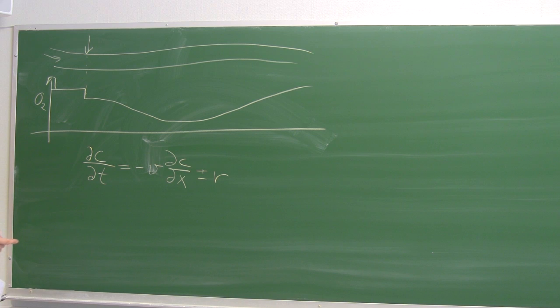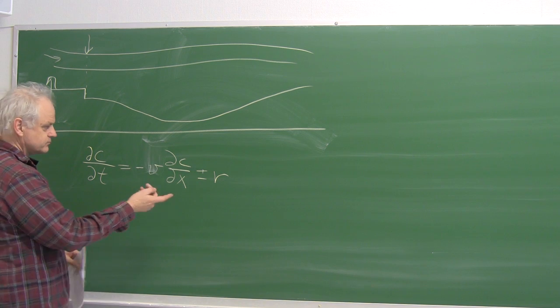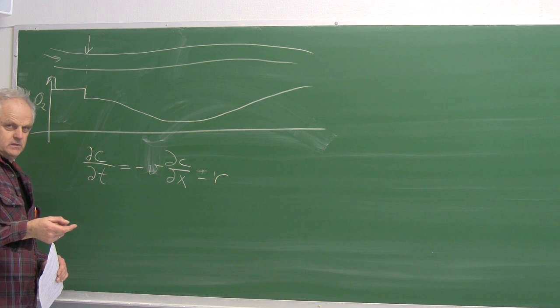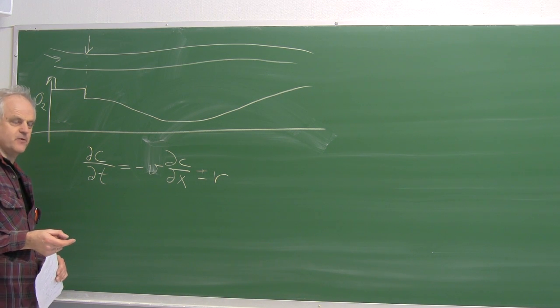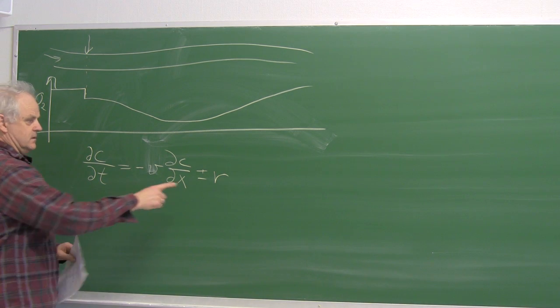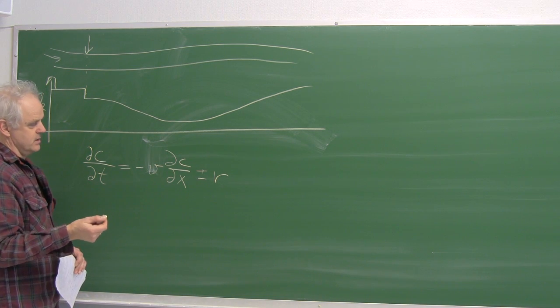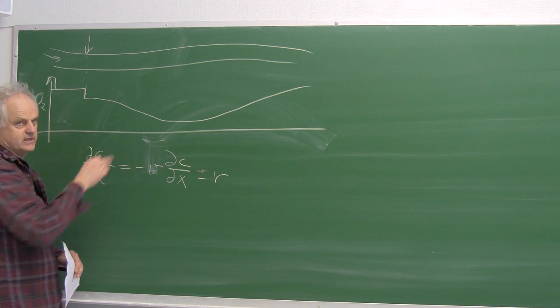So then we need to look at what the reactions are. We assume there are a few different terms here that will describe or influence how much oxygen is in the river.